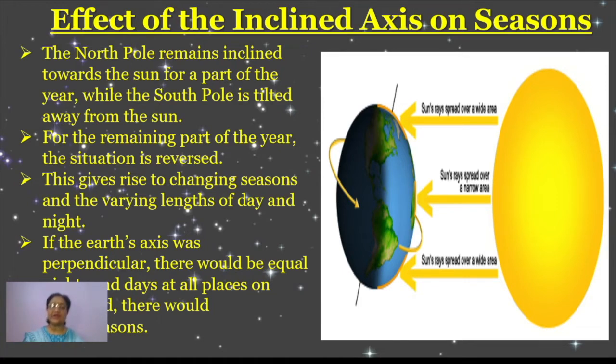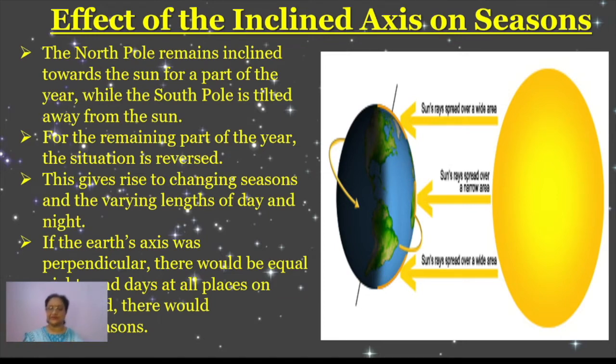For the remaining part of the year you will find the South Pole is towards the sun and the North Pole is towards the darker part. So this is it. That means the situation gets totally reversed, and this gives rise to changing seasons and varying lengths of day and night during different seasons. You can easily get a very clear example by yourself.